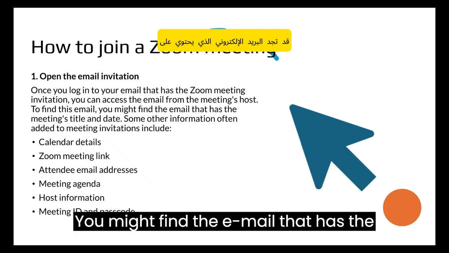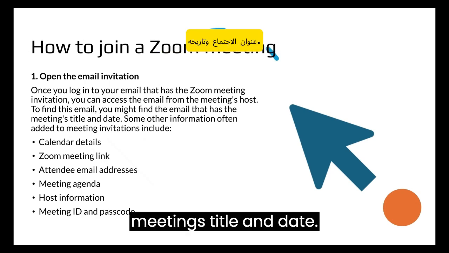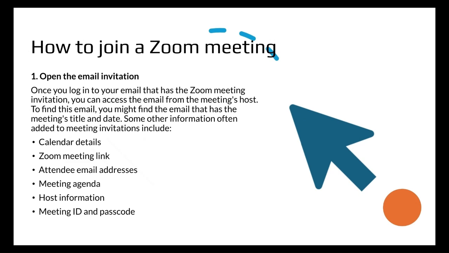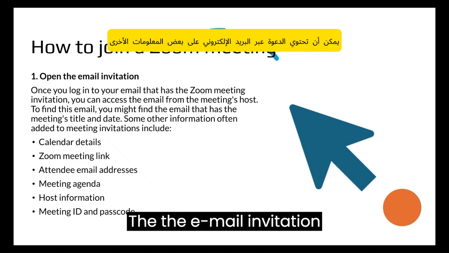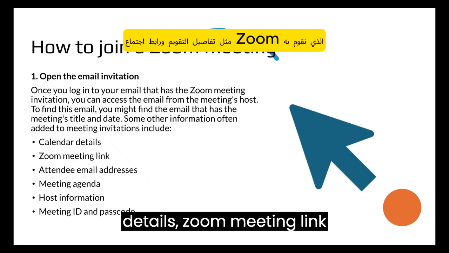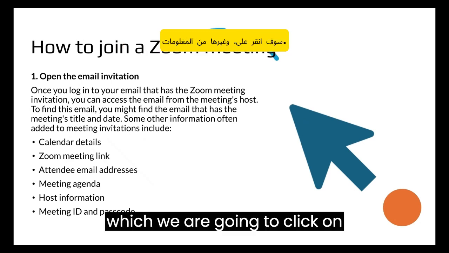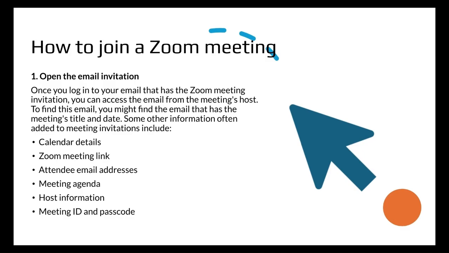You might find the email that has the meeting's title and date. The email invitation could contain some other information like calendar details, the Zoom meeting link, which we are going to click on, and other information.